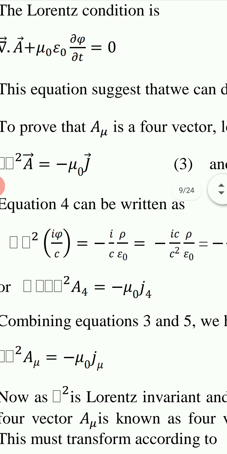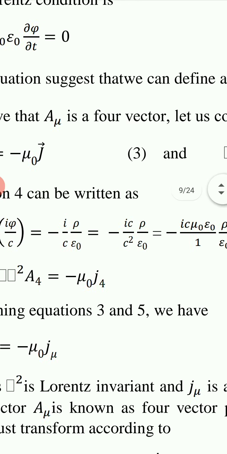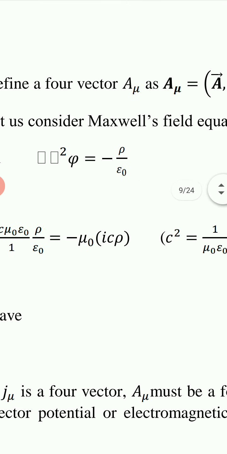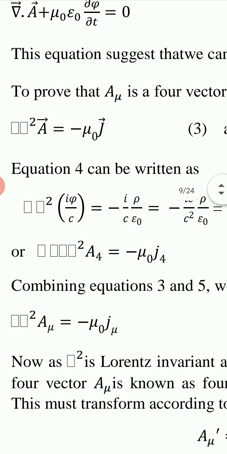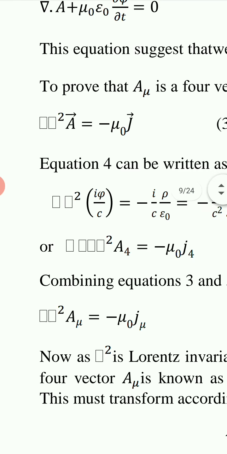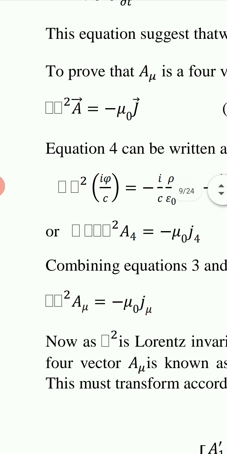To prove that A mu is a 4 vector, let us consider Maxwell's field equations. There are 4 Maxwell equations, and in terms of vector and scalar potentials, these 4 equations reduce to these 2 equations.